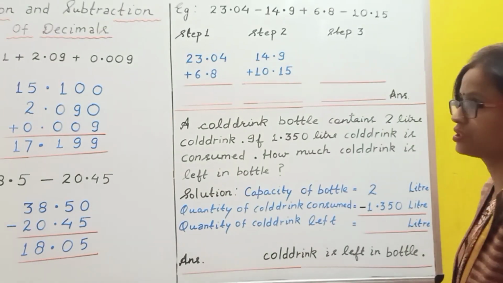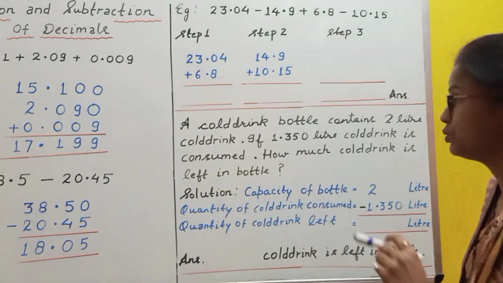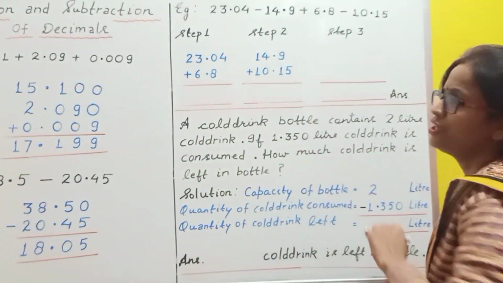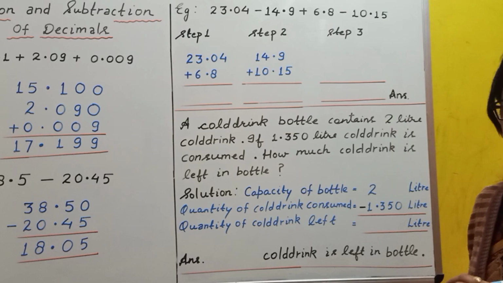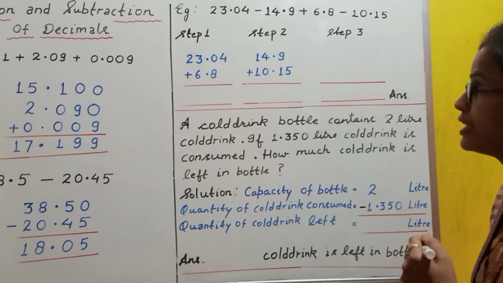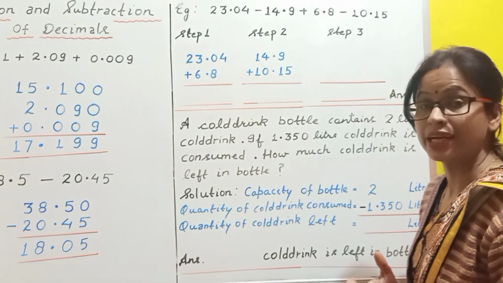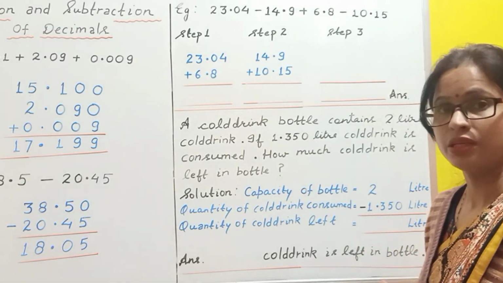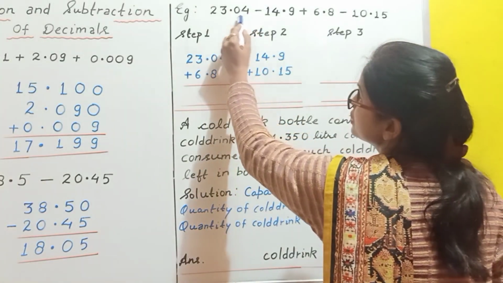Yes children, now see this kind of sum where two mathematical operations are used, subtraction and addition. Children, we will solve this type of sum in 3 steps. But before explaining, listen here. Children, first of all we have to identify whether the decimal or the number is positive or negative. So look here, children, see this number.